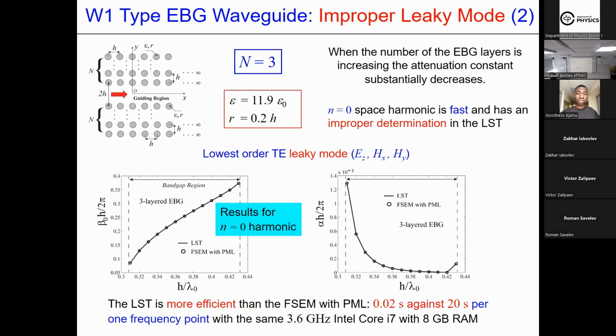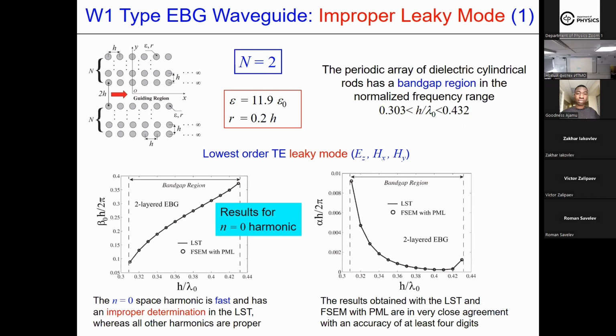So you comment that attenuation constants actually decrease with the increase of the number of layers. I understand this actually because the wave doesn't really... Does it decrease? Is the decrease exponential, or why should it be exponential? Yes, you have some kind of this.